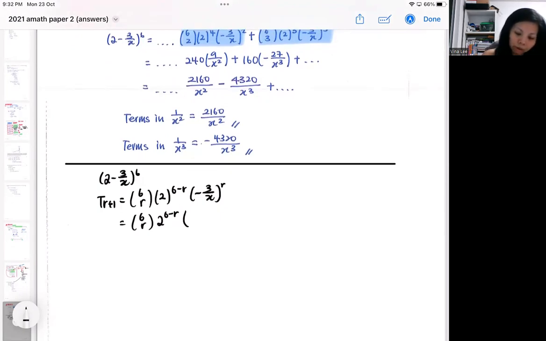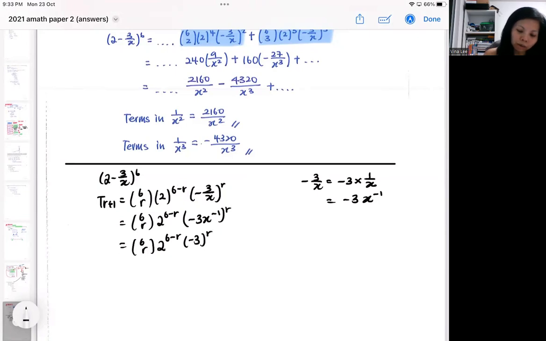You should look at it this way: minus 3 over x is the same as minus 3 times 1 over x, which is minus 3 x to the power minus 1. So you should use some indices before you simplify. And then you must remember to give the power to the minus 3.